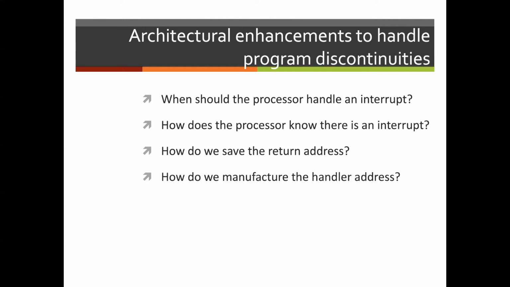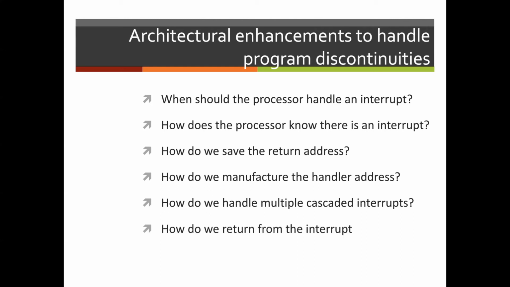How do we manufacture the handler address? How do we handle multiple cascaded interrupts? And how do we return from the interrupt? These are some specific scenarios and events that we need to take into consideration and have appropriate mechanisms in place for the processor to handle interrupt events.